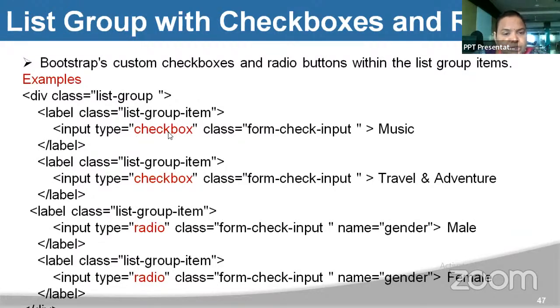Input type is equal to checkbox, class name form-check-input. This class is used between the tags to write the checkbox, and like that you can write all the checkboxes individually.